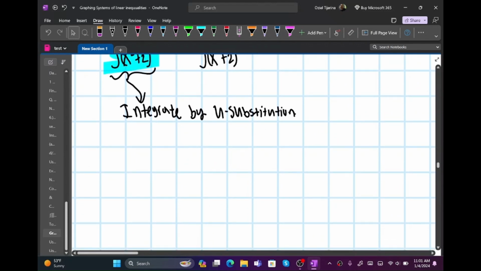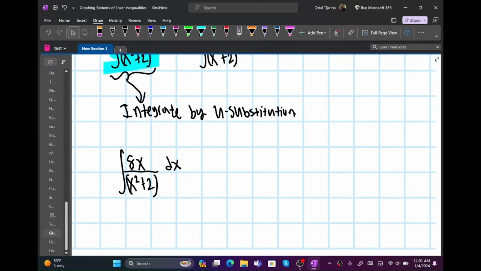So again, we're just going to rewrite it, and I know I keep putting parentheses, but just ignore that. This is going to equal the following: 8 times the integral of x over x squared plus 2 dx.